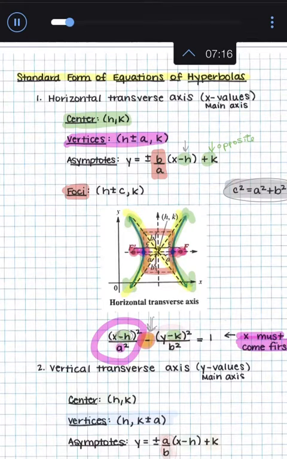So we'll go left by a, right by a, create the box and the asymptotes, and then we'll go up by b and down by b. Again, we always think of a as the radius of, in this case, whatever's coming first, and b will be the radius for your y's, which is what's coming second.